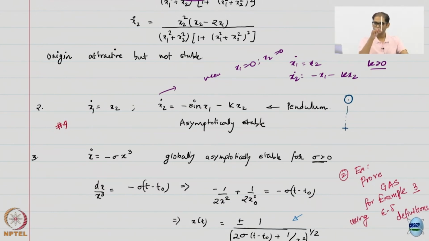So, for this inverted position, if you start here and there is no disturbance, in an idealized system, then this is a trajectory which does not converge to the (0, 0) point.